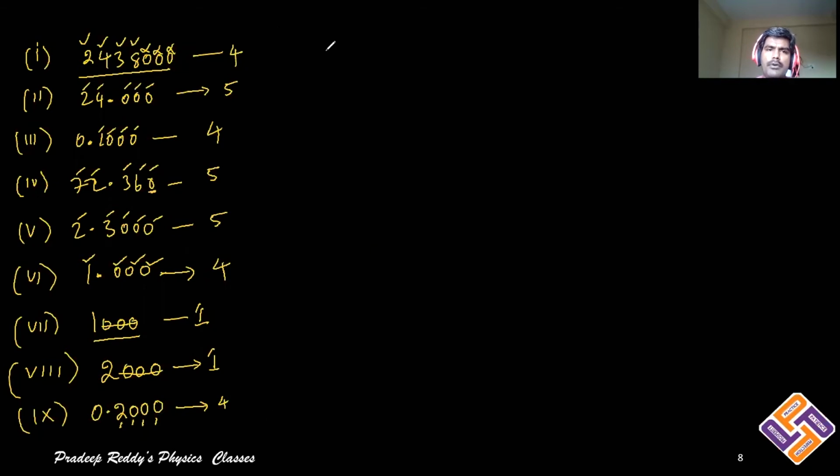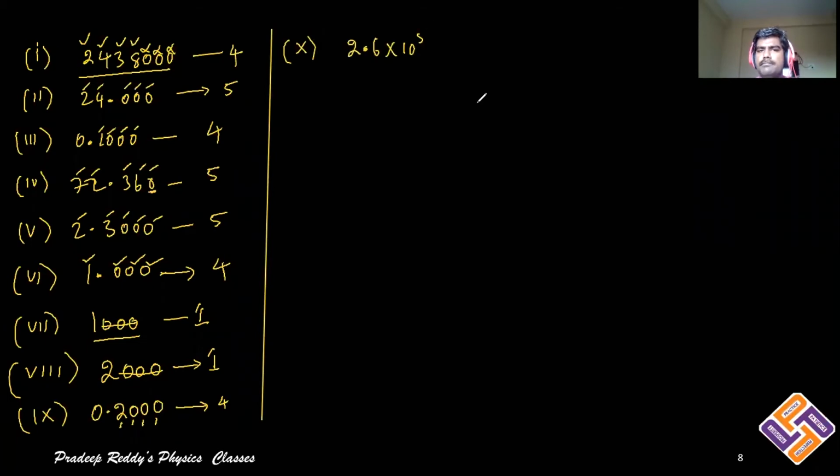Now come to one more. 2.6 into 10 power 5. This is scientific notation. The values which are very, very small and very, very large can be represented with this 10 power 5, 10 power 4, 10 power 3, 10 power 10, any number it can be.